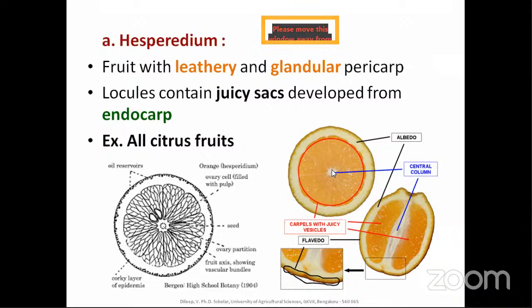If the hollow portion were endocarp, we should see seeds in the middle, right? But we see the seeds adjoining the juicy sacs. Please be careful about these things, flavedo and albedo; these are frequently asked questions in ICAR exams.